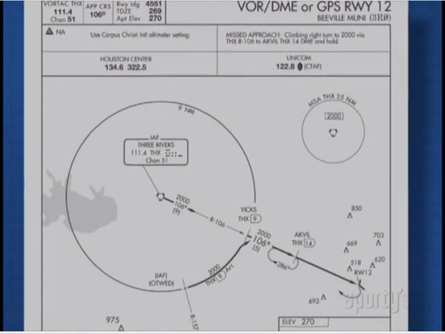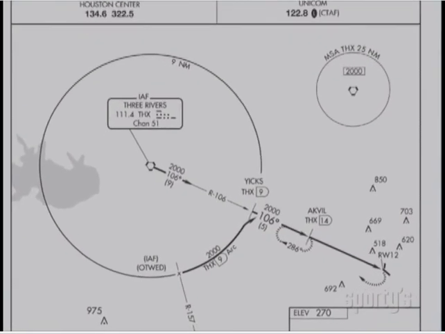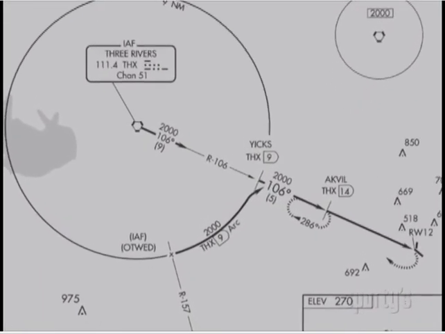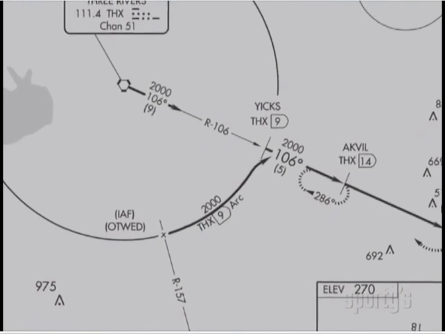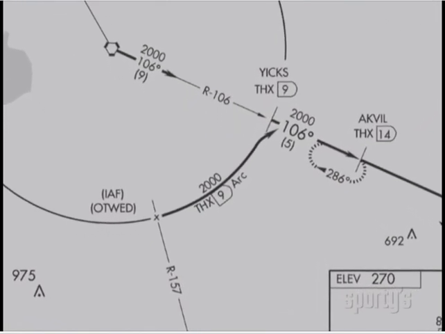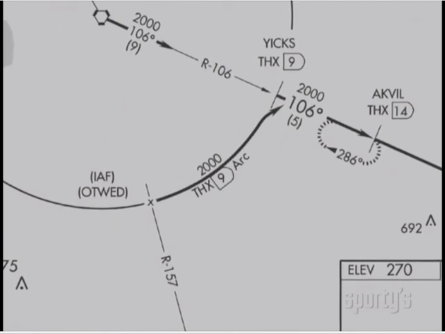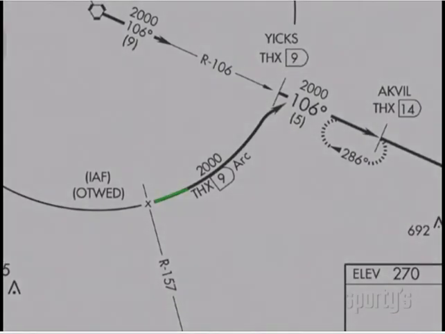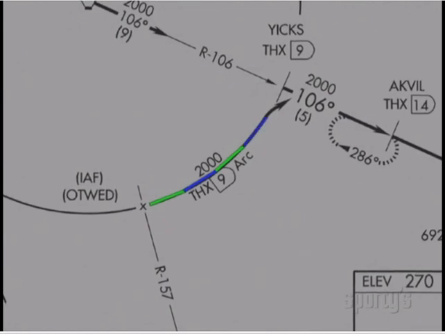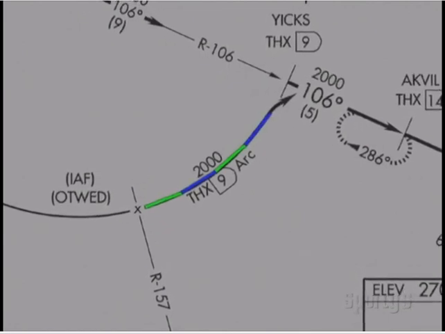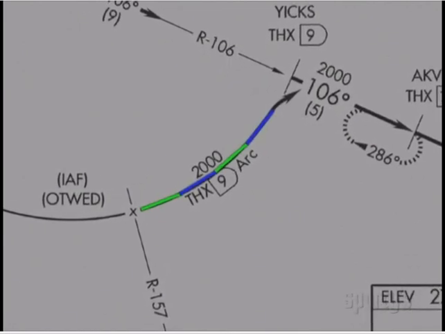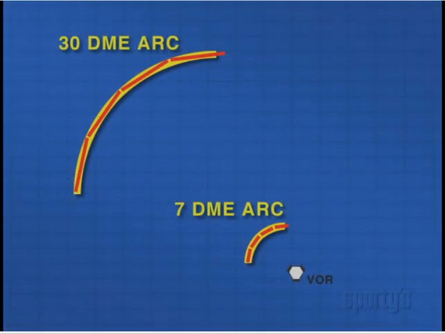DME arcs shown on approach charts look like a nice smooth portion of a circle. In theory, you could fly a nice circle if there was no wind and if you could maintain a constant, very shallow bank. Instead of a nice smooth circle, a DME arc is best described as flying a series of short, straight courses which approximate the distance from the VOR.